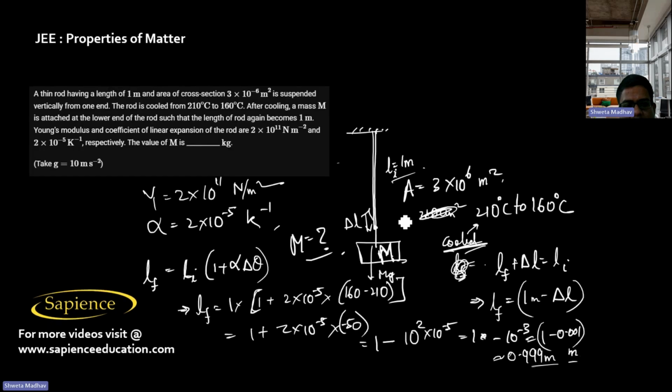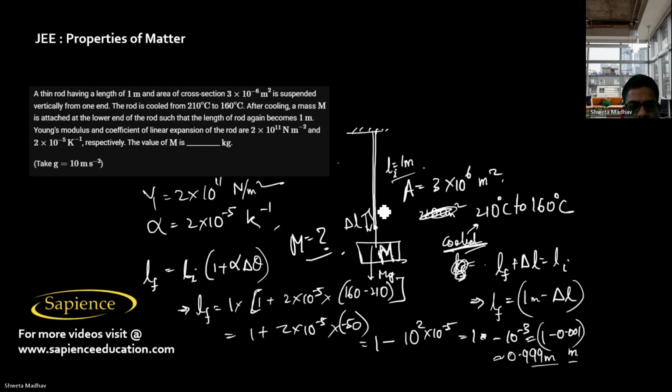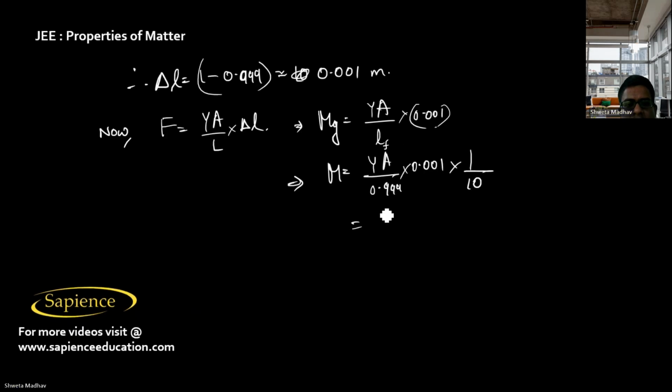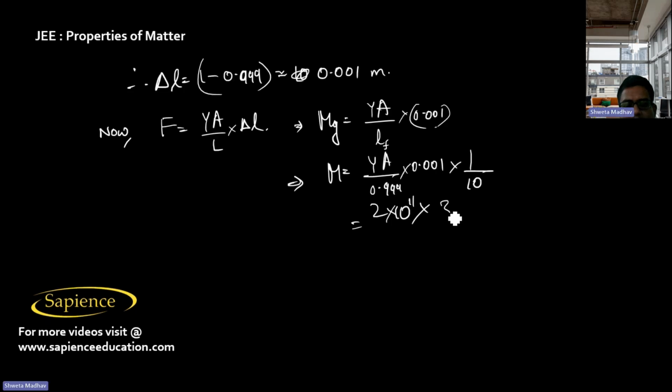That will be Y, that is 2 into 10 power 11, into A, that is 3 into 10 power minus 6, into 1 by 0.999, into 0.001, into 1 by 10.